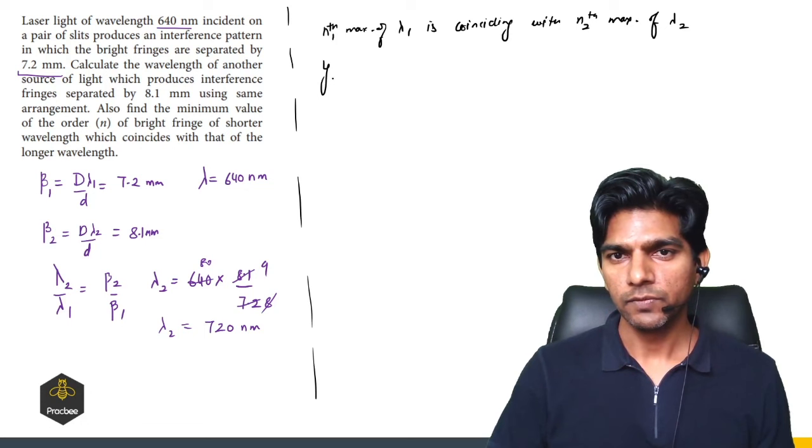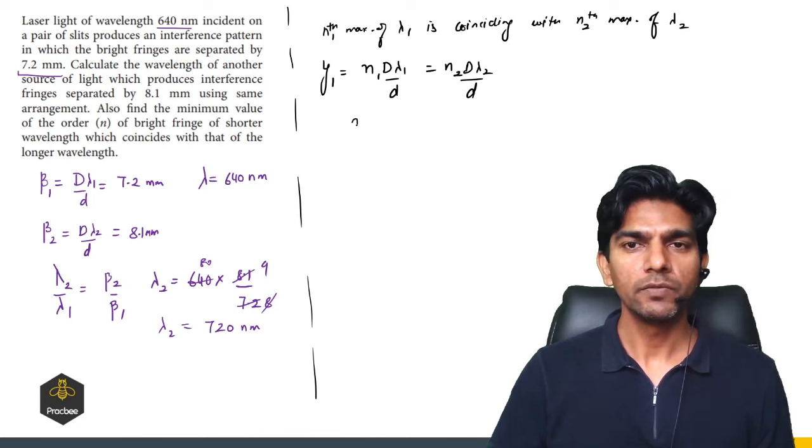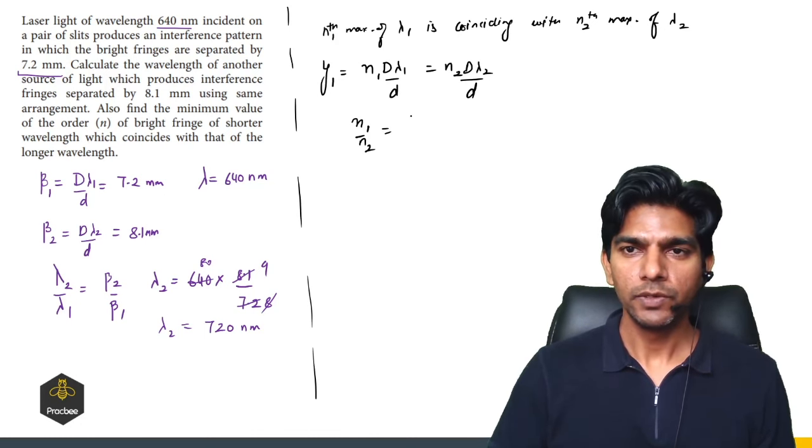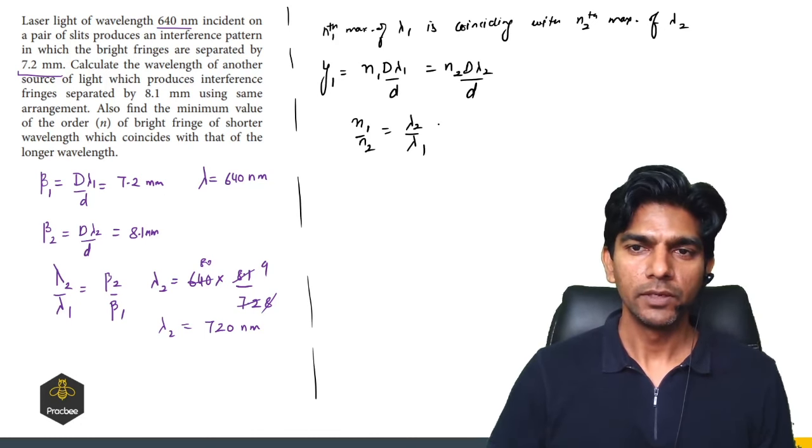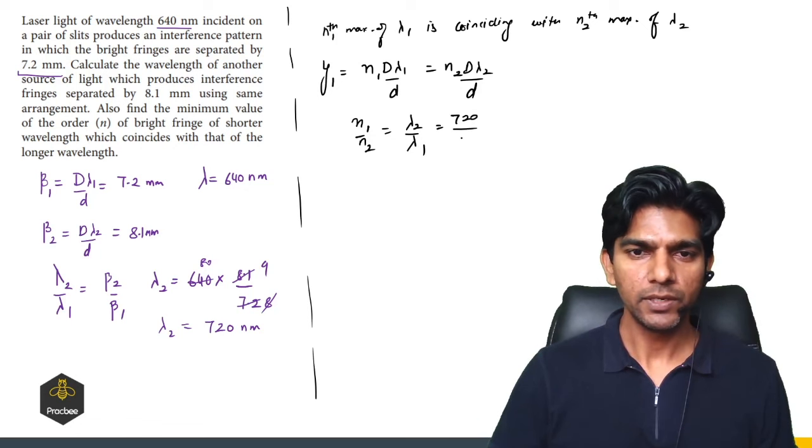So what is y1? It will be n1 D lambda 1 by small d, and it is the same for the second wave, so it will be n2 D lambda 2 upon small d. So from here we can say n1 by n2 will be equal to lambda 2 by lambda 1. Lambda 2 is 720, lambda 1 is 640.